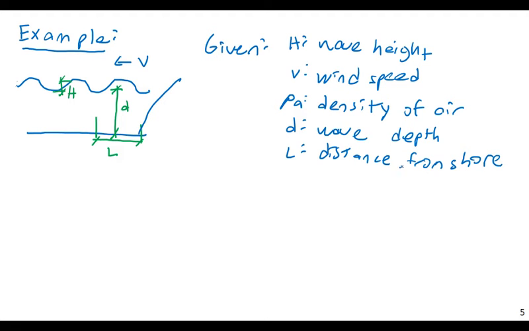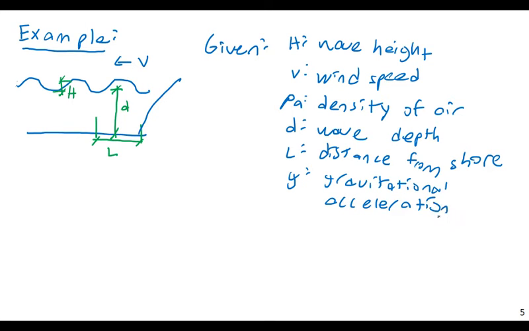We're looking only at dimensions anyway. Distance from shore. G, gravitational acceleration. So these are possible variables that we might want to investigate. And let's say that rho is the water density.